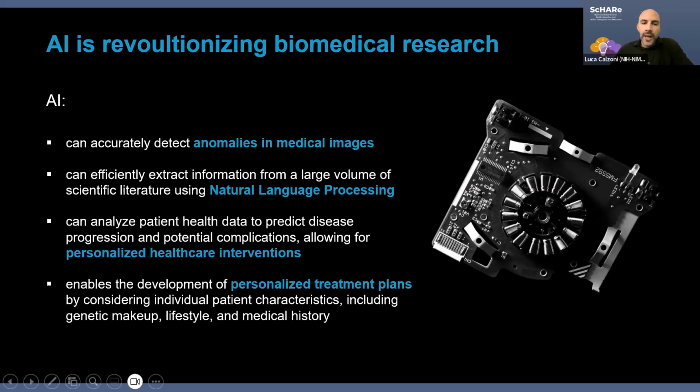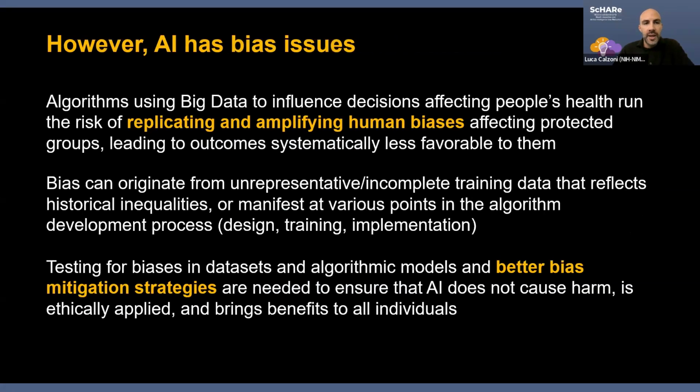And it can also help analyze patient health data to allow for personalized healthcare interventions. Or again, it can enable the development of personalized treatment plans by considering individual patient characteristics, so genetic makeup, lifestyle, and medical history in what is called personalized medicine. So there are so many positive roles, but there is a but.